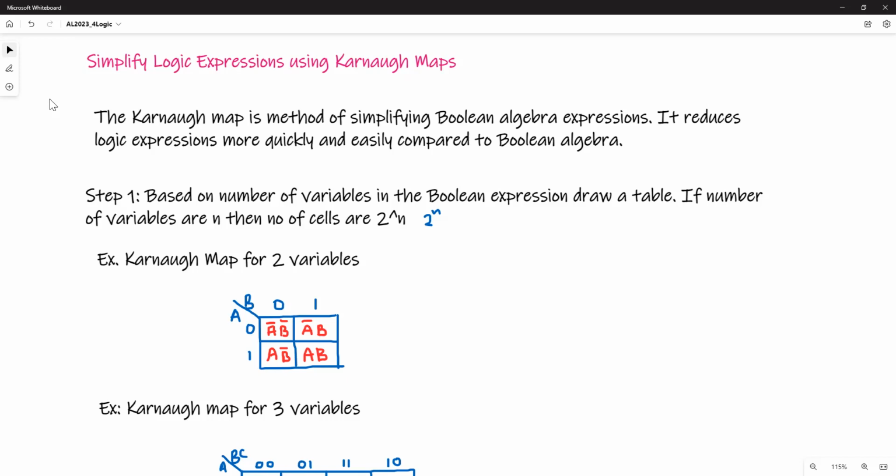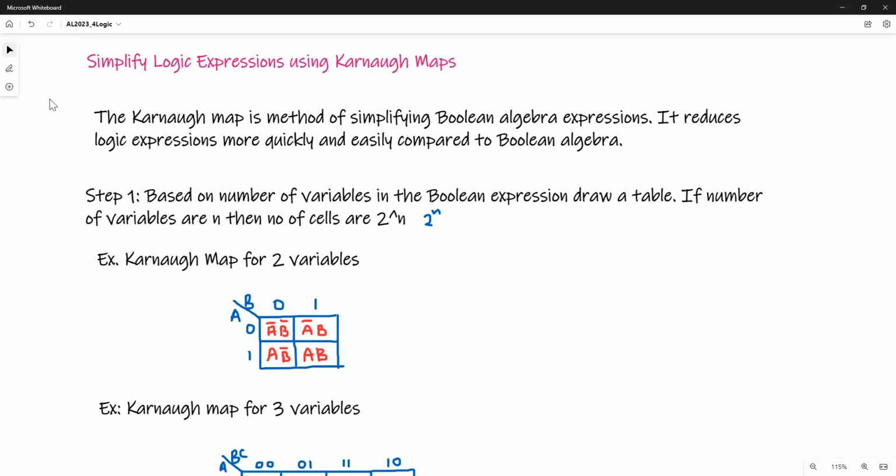Simplifying using these laws, you have to remember one thing, and you should be good at your mathematics as well. So there is an easier way we can do this. What I mean here is we can use some graphical representation.